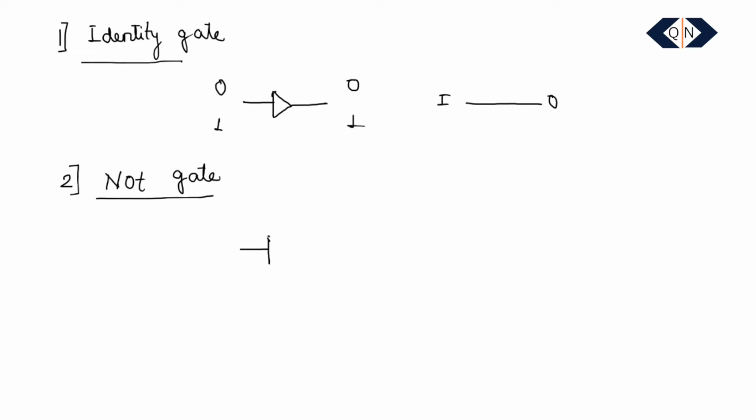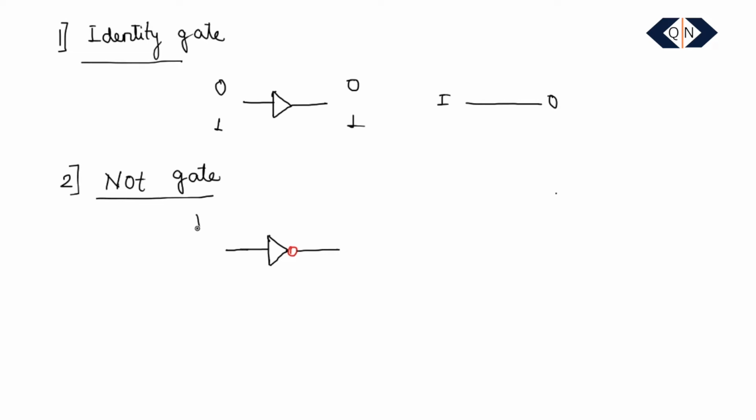So this is very similar to the identity gate except for one dot, and we can further increase like this. So what is the function of the NOT gate?